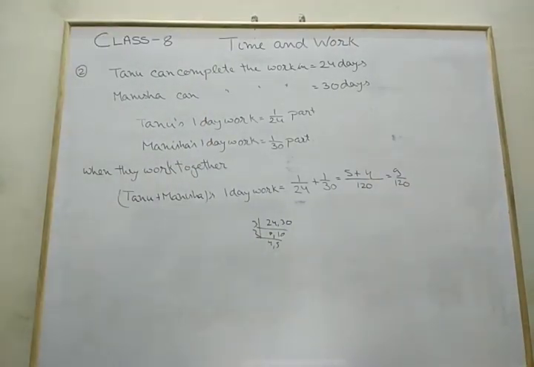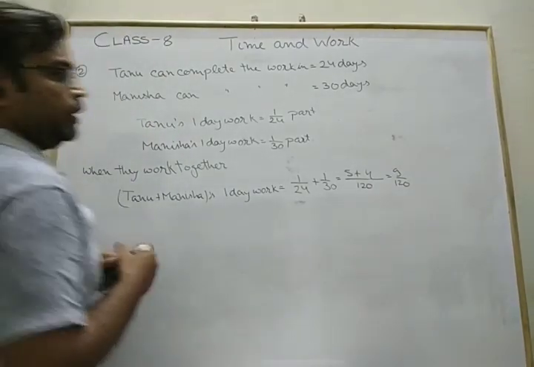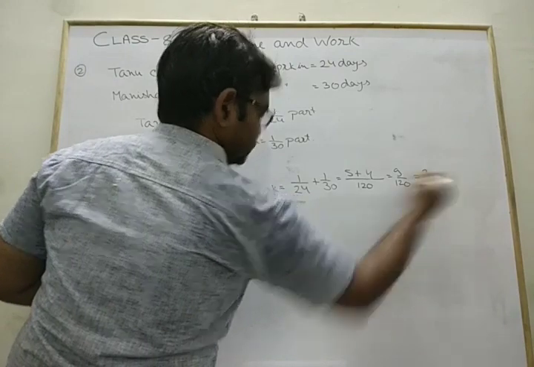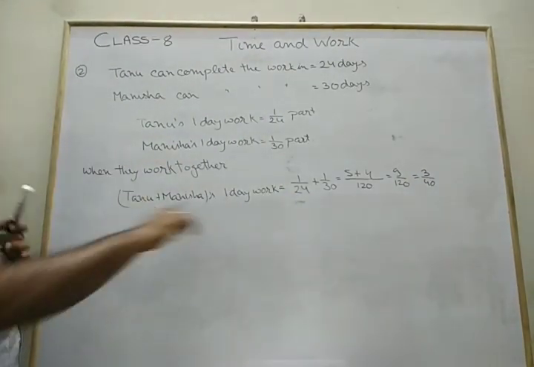If we simplify, we have 3 upon 40. This is their 1 day work.